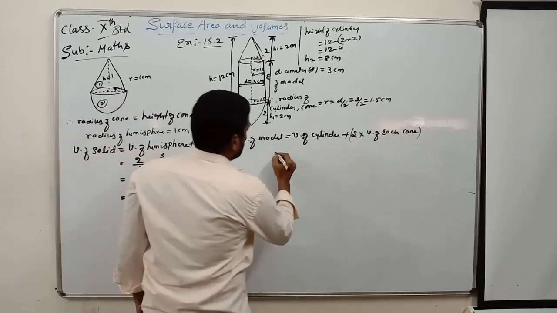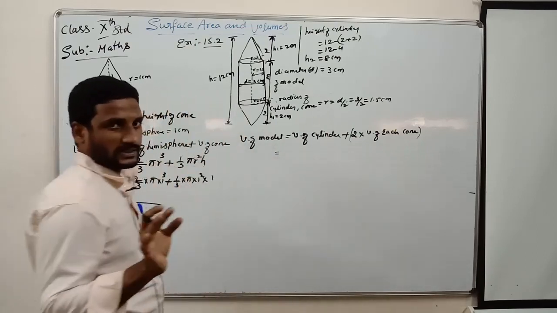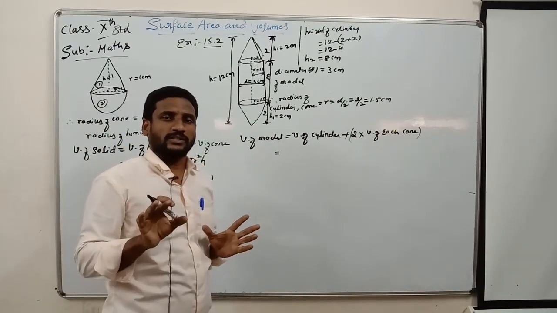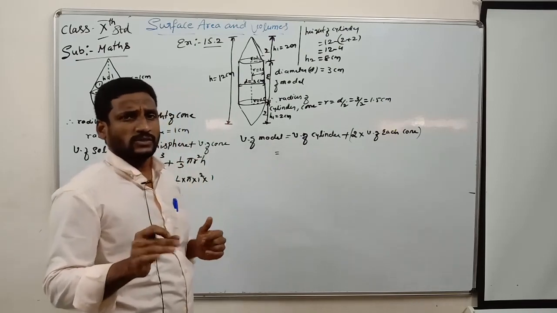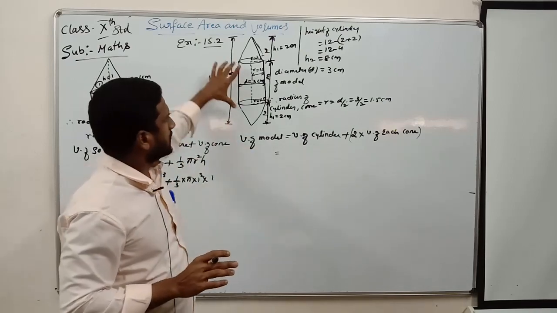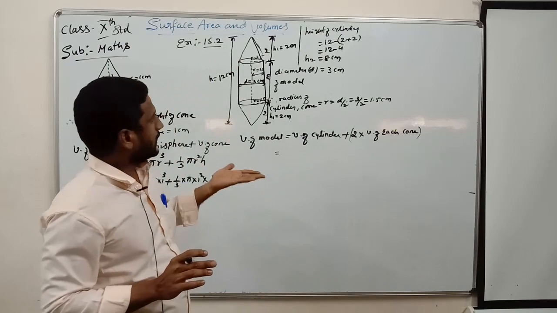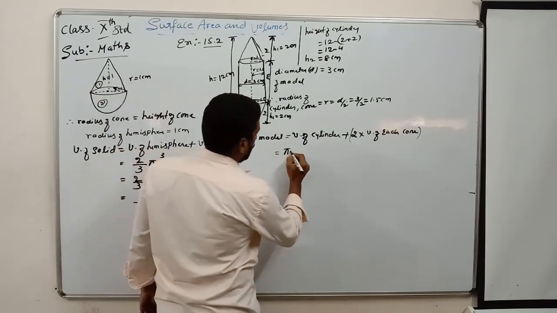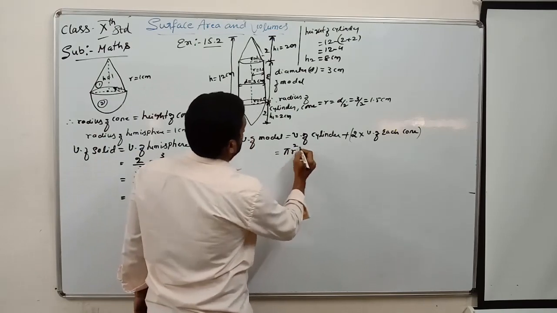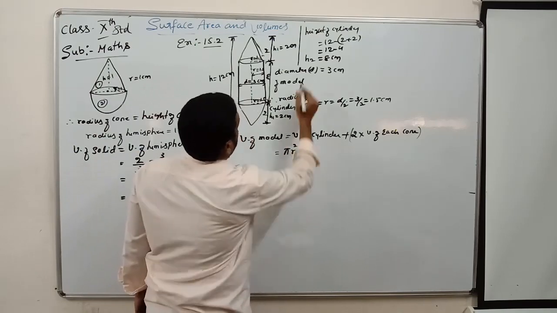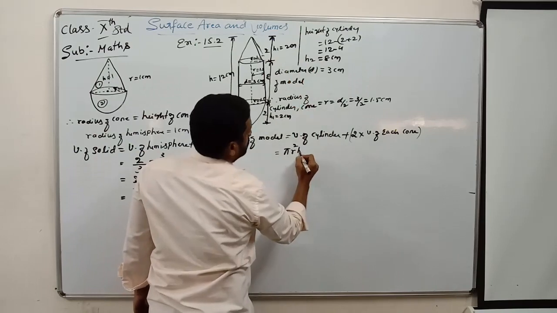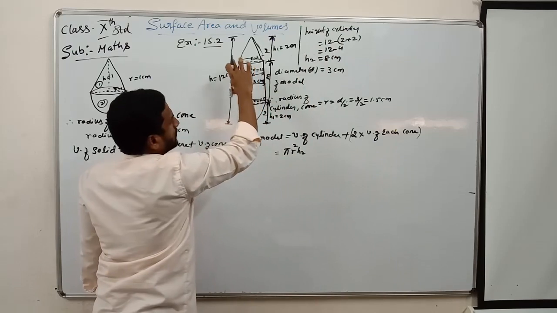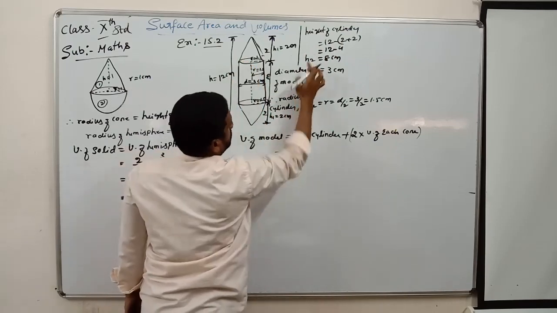So what is the volume of the cylinder formula? Yesterday it was written on the board, all the formulas: surface area, lateral surface area, volume. The volume of a cylinder is the area of the base into height, that is pi r square h. Which height is h here? Cylinder height, no? H2 we can write, because I want the cylinder height, which is represented by H2.